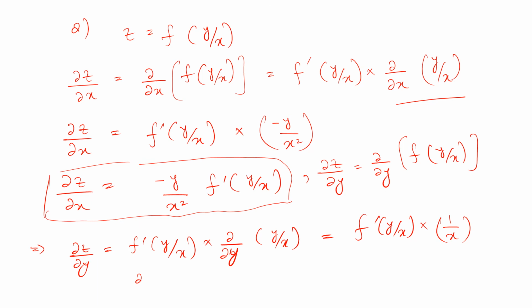So you see now we have ∂z/∂y, that is equal to 1 over x times f prime of y over x.